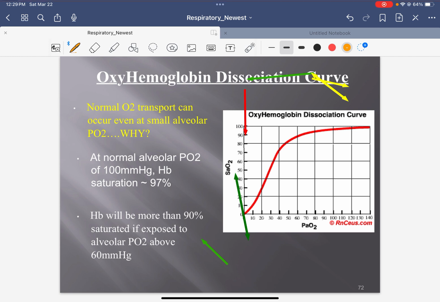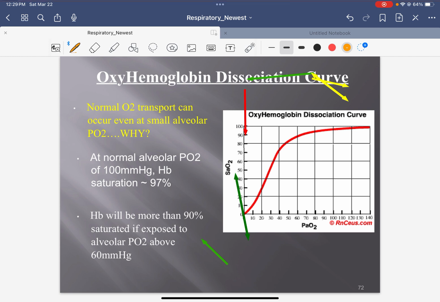We can handle a drop in oxygen. An important question here is, what's more dangerous to the body? A drop in oxygen or an increase in CO2? And always, always, always the answer is elevated CO2 is more dangerous.